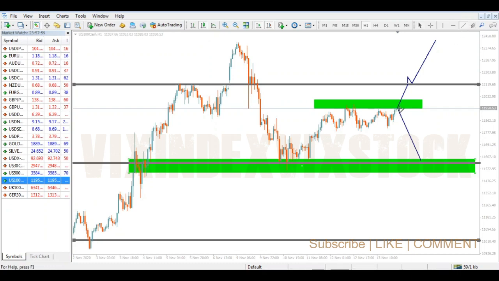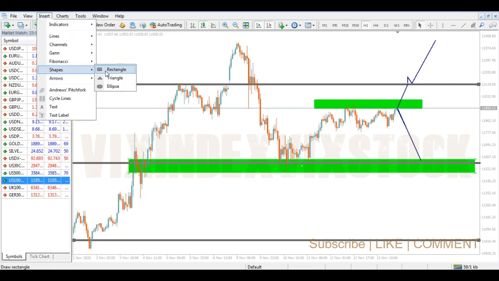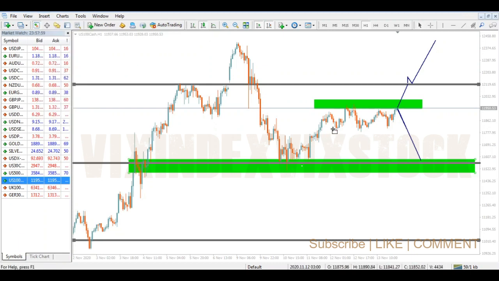For now, if it does happen that it's not going to break out, we might actually see a drop, or we are going to see price again coming to this area here. Price seems to be consolidating in this area.